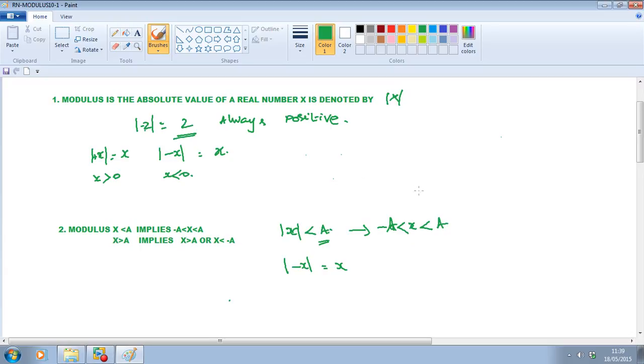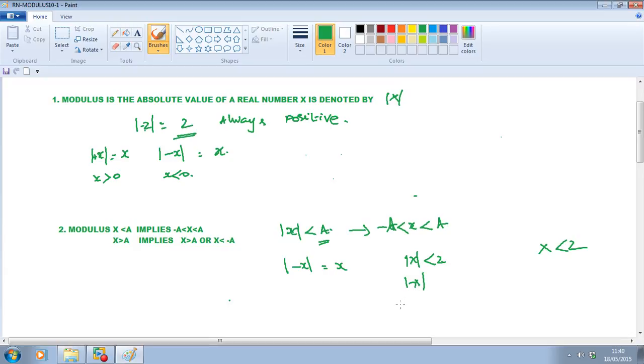Let us take one simple example, 2. Let us say modulus of x is less than 2. That means in the first case x is less than 2. In the other case, let us take minus x, which should also be less than 2.